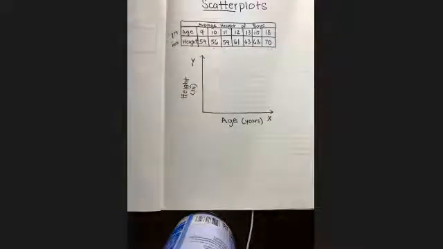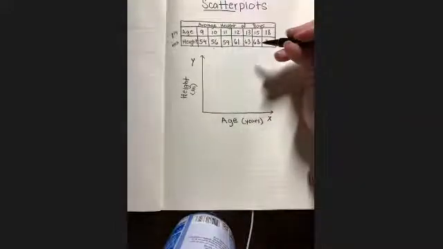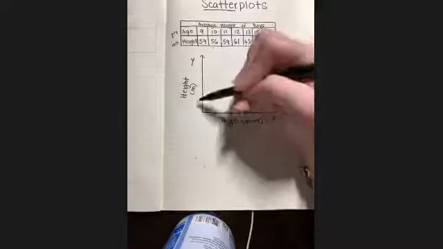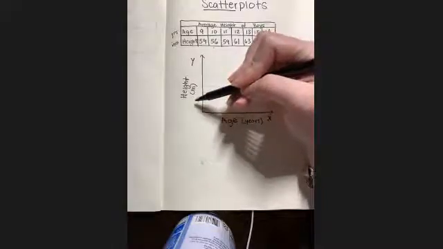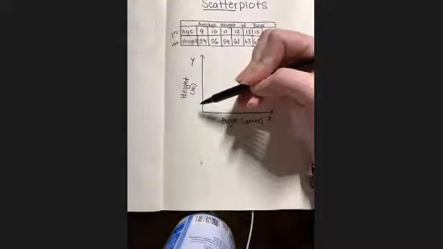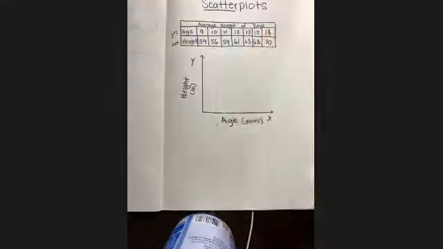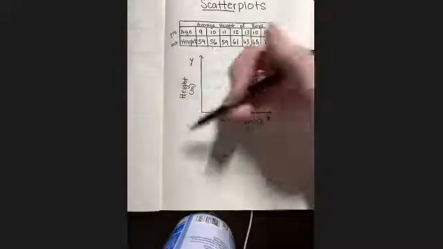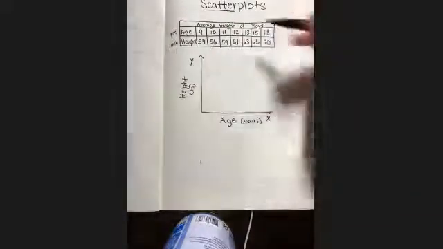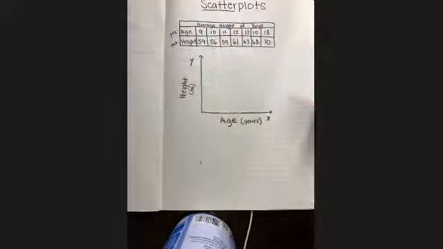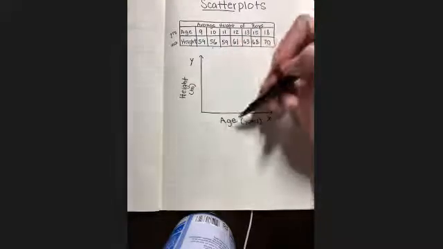By labeling it right off the bat, before we even have done any of the data, we can make sure that we don't forget it, because we often forget to put these labels. And I've told most of you, without the labels, your data means squat. It means nothing. I don't know what it means if you just hand me a graph that's got a bunch of dots all over it. What does that mean? Without the labels, it won't mean anything.